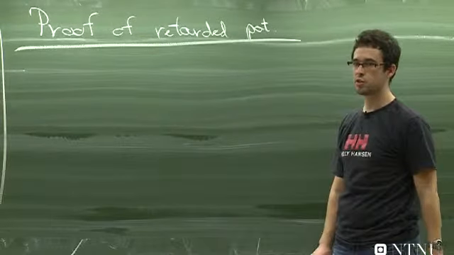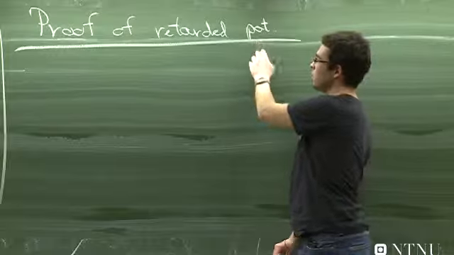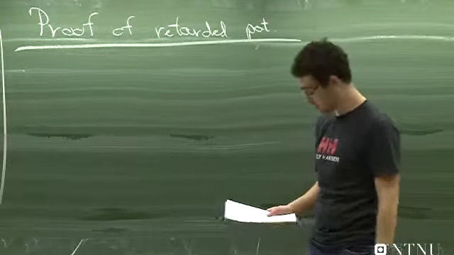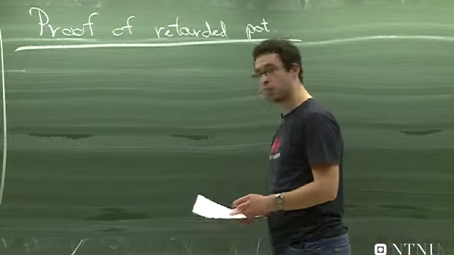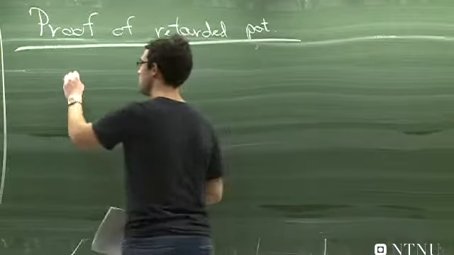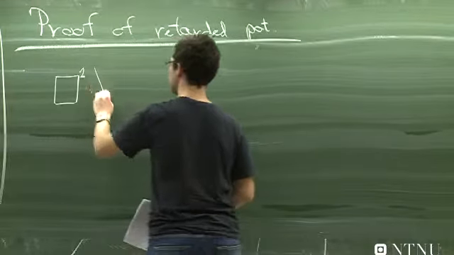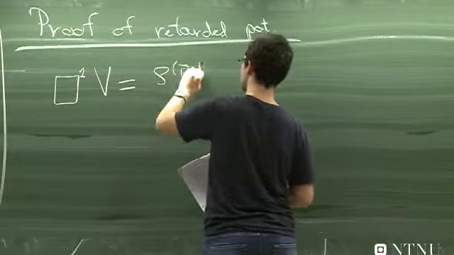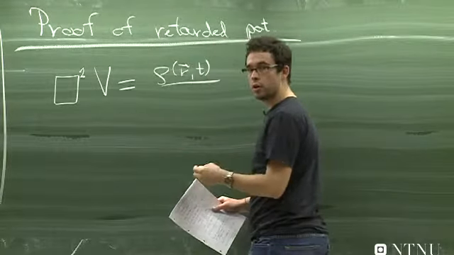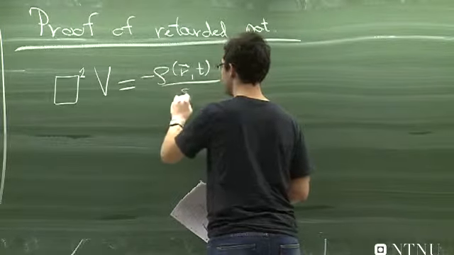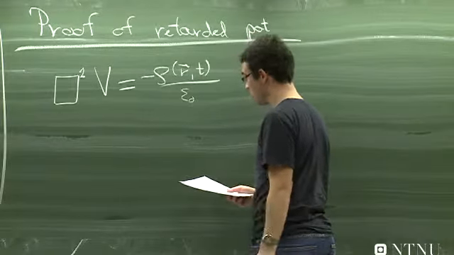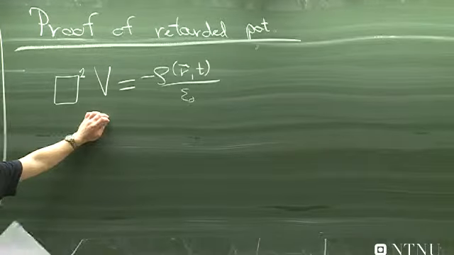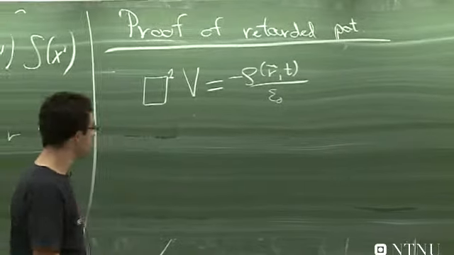Now we're going to show that the solution does indeed include the retarded time, and we're going to use the Green's function to show it. So, in the Lorentz gauge, the problem we want to solve is the following: that the wave operator on V is equal to the charge distribution. Now there's both space and time dependence, like this. And we know the Green's function for this equation, given the boundary conditions, that the potential should be 0 at infinity.